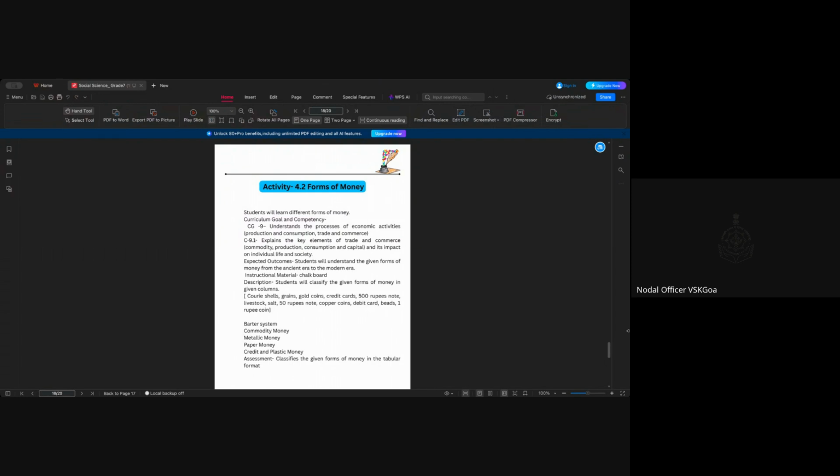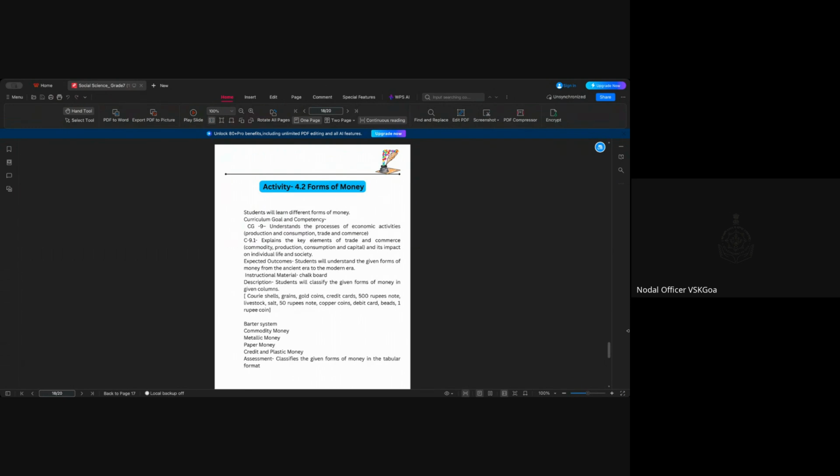The teacher is supposed to explain the key elements of trade and commerce, commodity, production, consumption, and capital, and their impact on individual life and society. In this lesson, the expected outcome is that students will understand the given forms of money from the ancient era to the modern era.